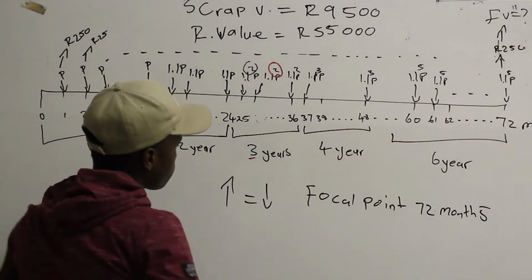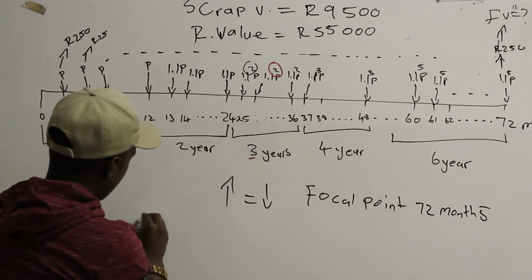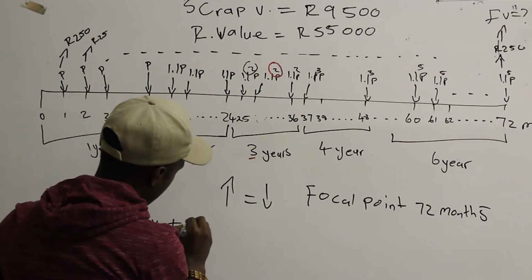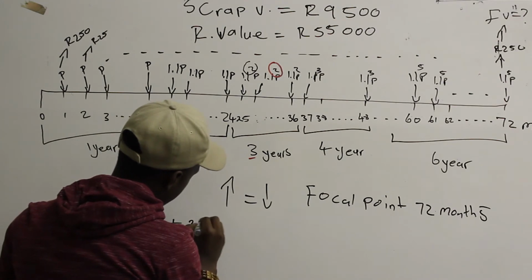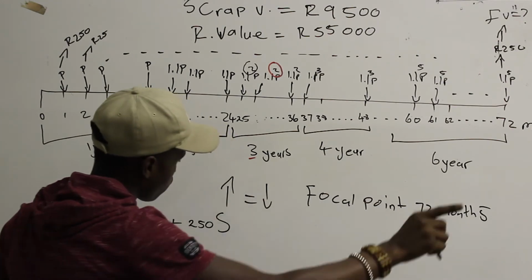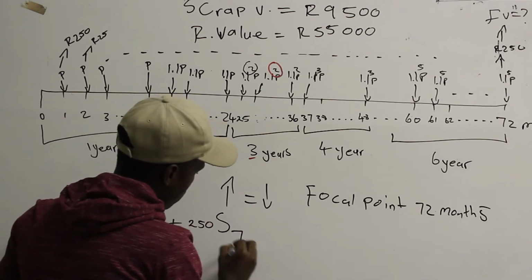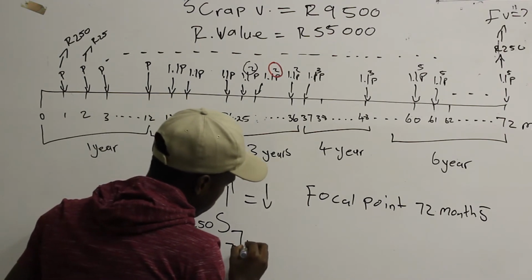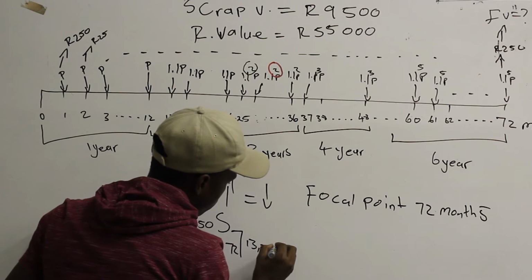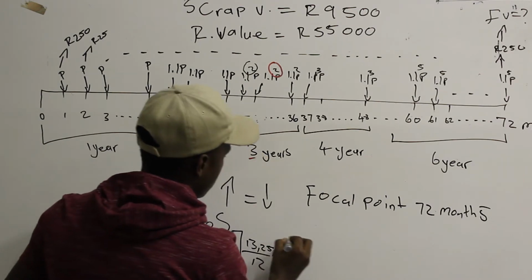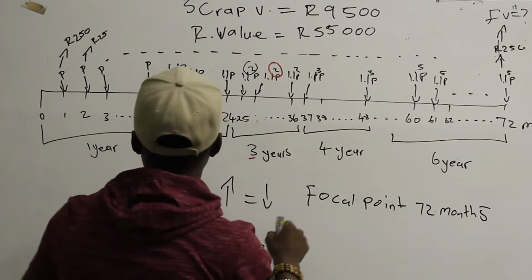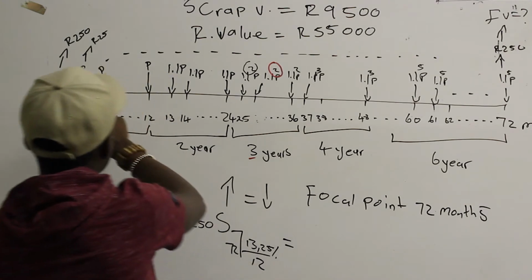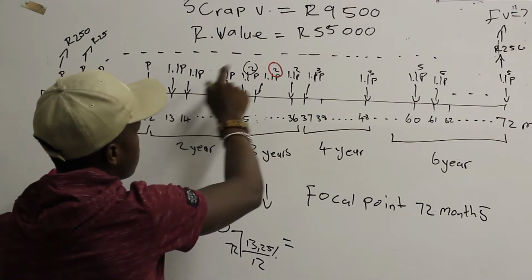So we're saying future value plus the 250 payment, because we are going forward to this focal point, 72 payments with the interest of 13.25% divided by 12 is equal to. Now we're going to add this side. This side is the payment side, right? So the payment side are these P's, 1.1P and 1.1 squared P.